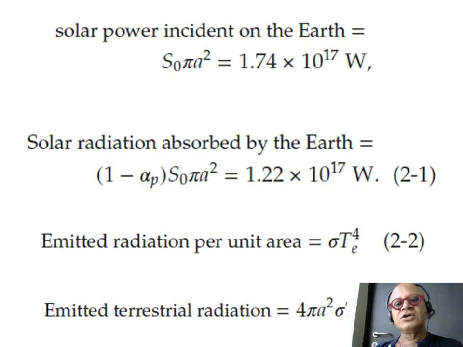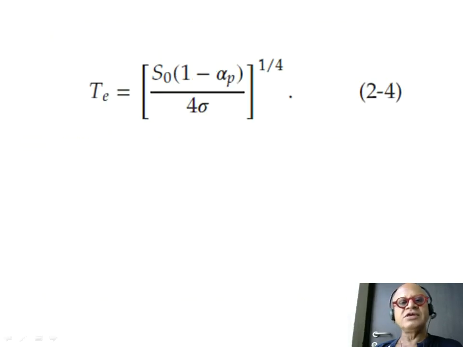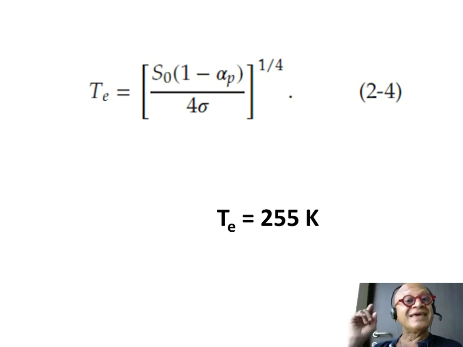You equate equations 2.1 and 2.3, and you end up with an effective emission temperature of the fourth root of S0 (1 minus alpha) over 4 sigma. So it depends on incoming energy, effective albedo, and sigma, the Stefan-Boltzmann constant, which gives us an emission temperature of 255 Kelvin. This is the emission temperature, not the surface temperature.